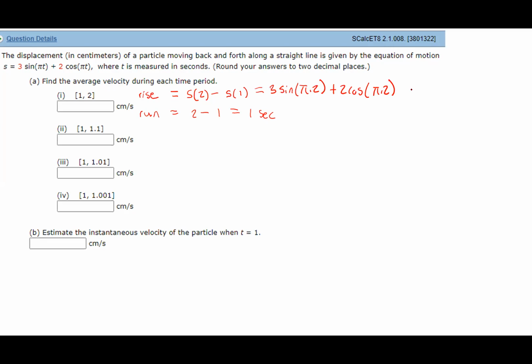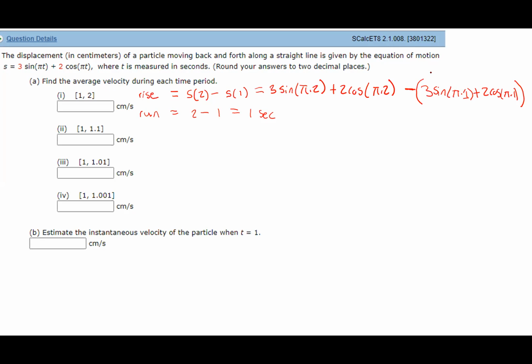Then we subtract, and notice I'm going to put big parentheses here because there's going to be 2 terms we're subtracting, and we need that minus sign to distribute to both of them. We're subtracting the whole thing, not just part of it. So I'm subtracting when I plug in 1, 3 sine of pi times 1 plus 2 cosine of pi times 1. And end my big parenthesis there.